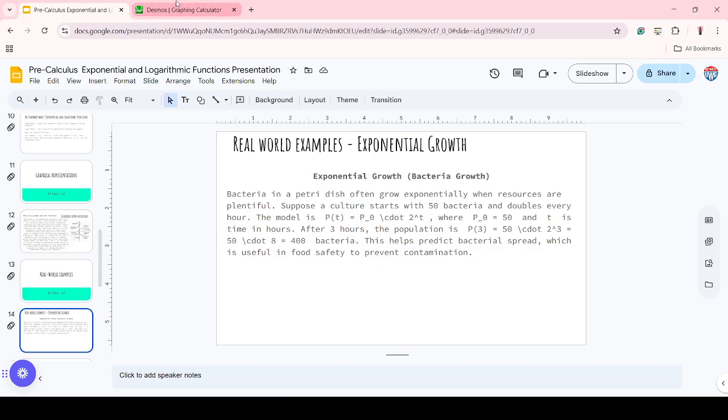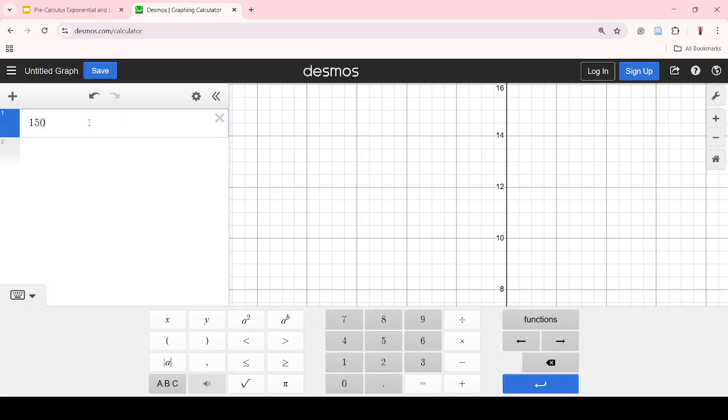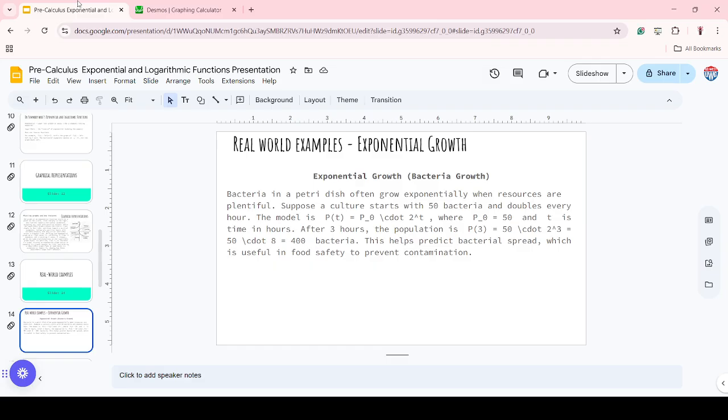So 150 times 81 will be 12,150. So by the time 4 hours has passed, we will now have 12,150 bacteria in our petri dish.